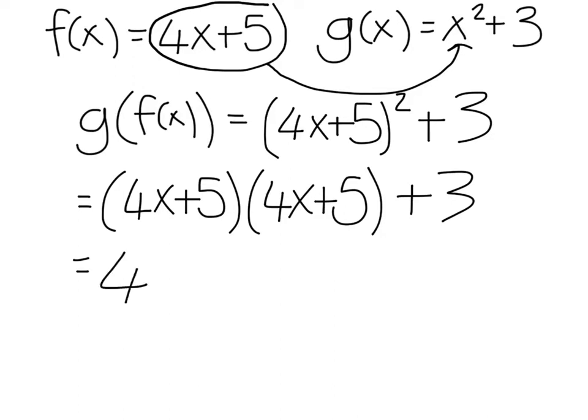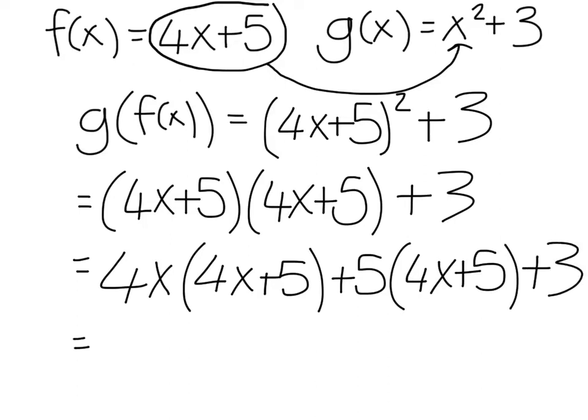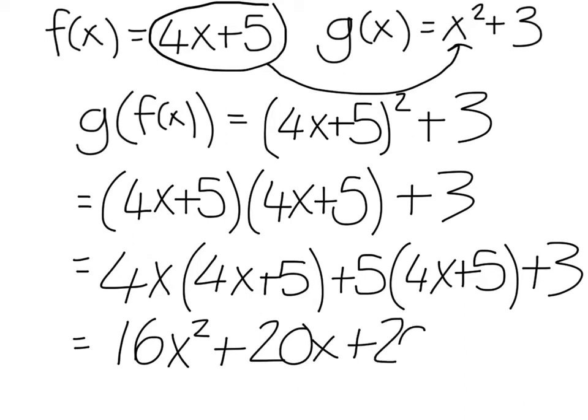So we'll multiply this out in full, so that's 4x from the first bracket multiplying the second bracket, then plus 5 from the first bracket multiplying the second bracket, plus 3. So 4x times 4x is 16x squared. 4x times 5 is 20x. 5 times 4x is 20x. 5 times 5 is 25. And then we have our plus 3.